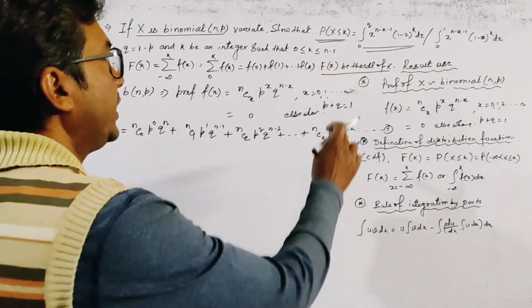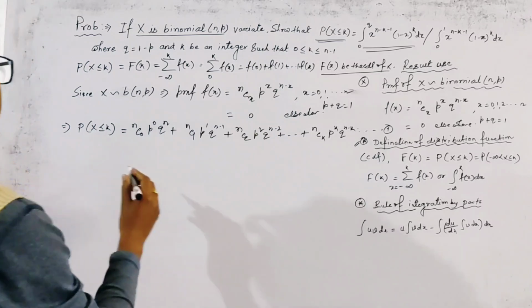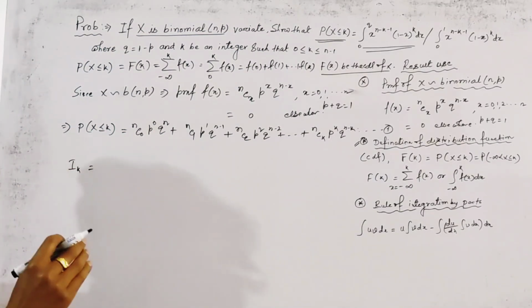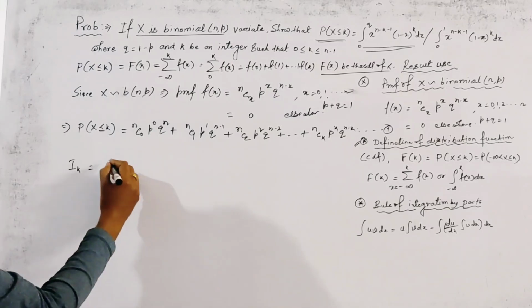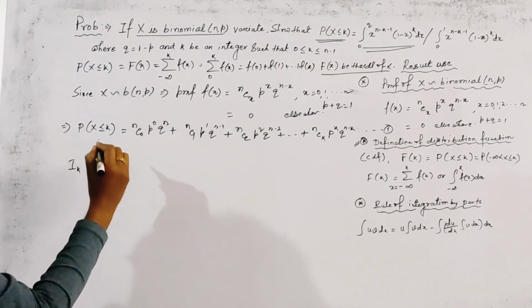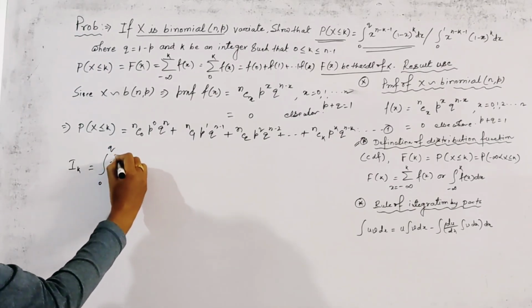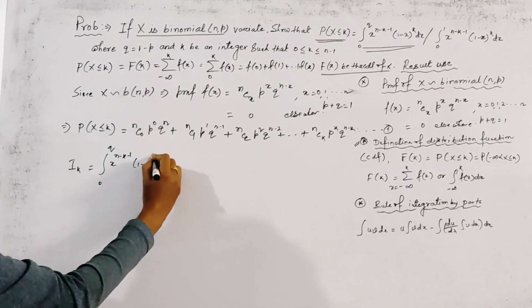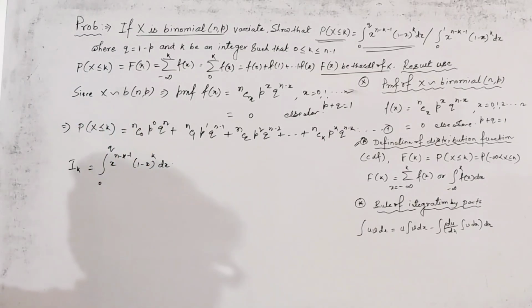So we name this integration I_k, like a reduction formula. This is the integral from 0 to q of x to the power n minus k minus 1 into (1 minus x) to the power k dx.